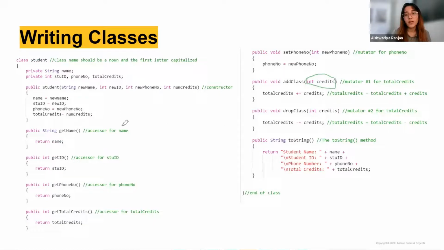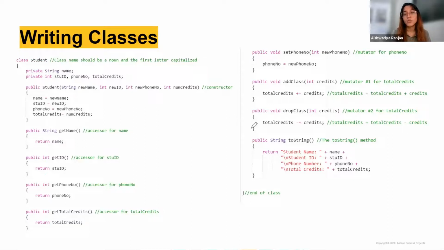Now you have to update the total credits variable in this class. If you're adding a class, the total credits increase by that amount of credits, right? So you would do total credits plus equal credits, which basically means total credits equals total credits plus 3, if the number of credits you're adding is 3. So you're basically increasing total credits.